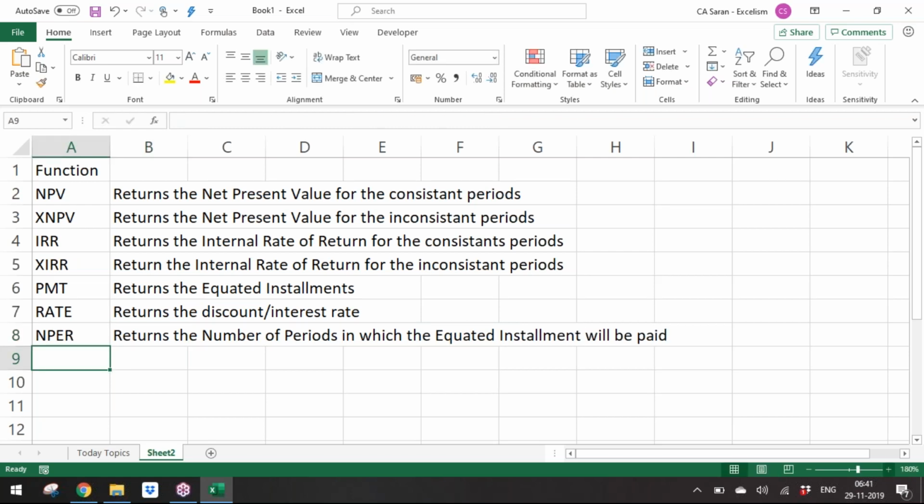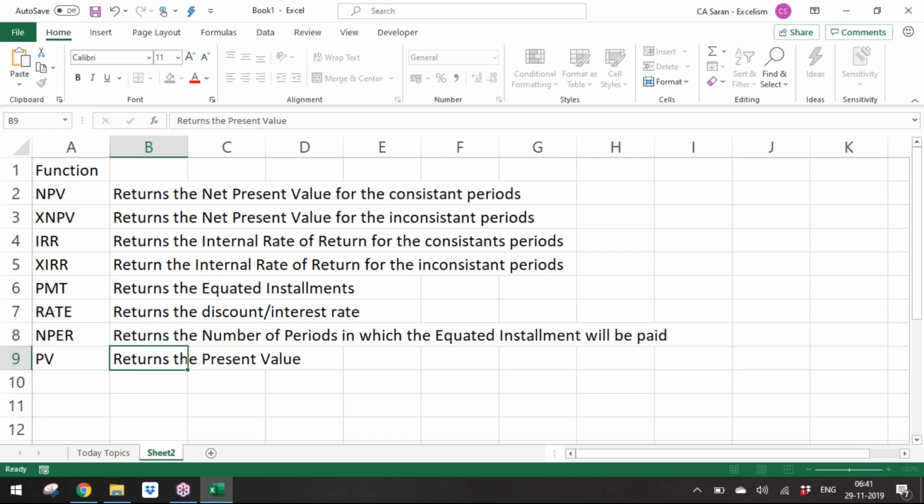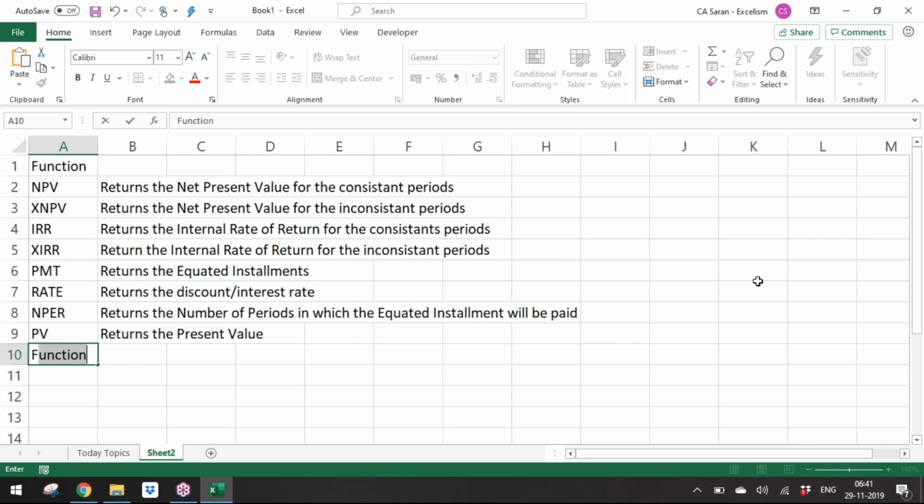Then there is present value, PV. What is the meaning of PV? Present value calculation, returns the present value. These all, if you remember, in our commerce background, we learned at one place or another. Then when the PV function is there, there is one more function named FV, future value, returns the future value.